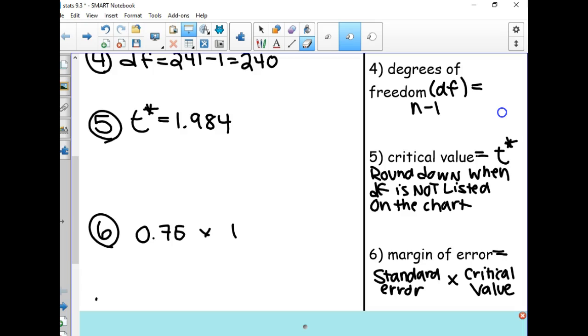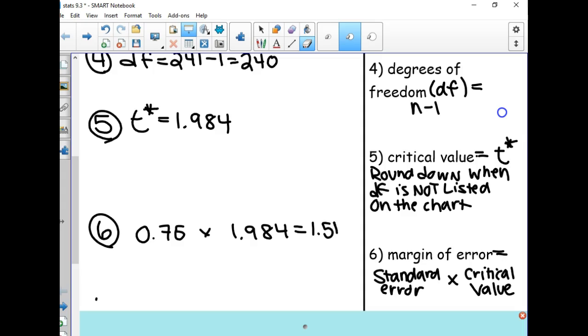Times 1.984. Can someone calculate that for me? I don't have my calculator handy. 1.51 then is our margin of error.